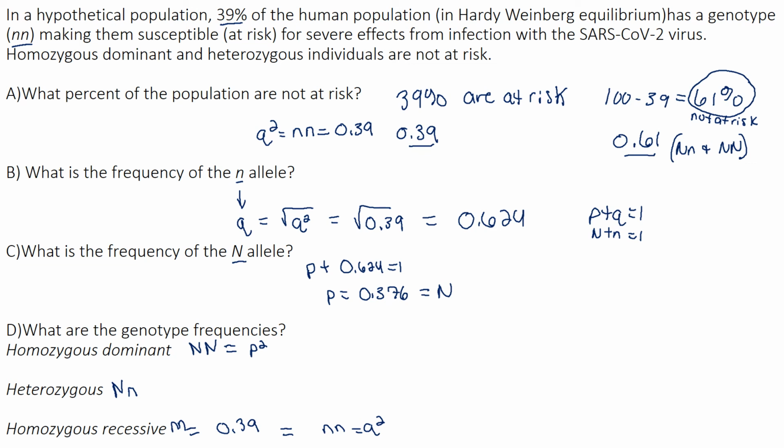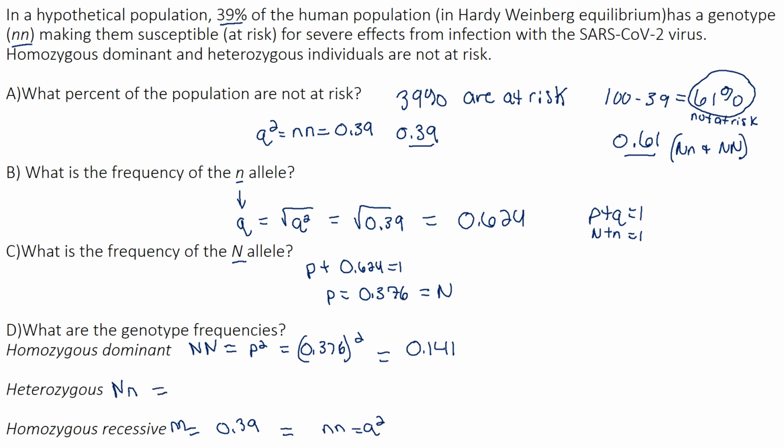So we have p squared, which is equal to 0.376 squared.